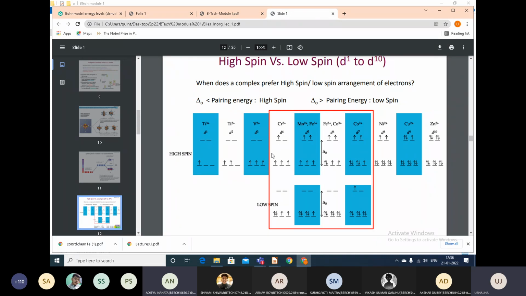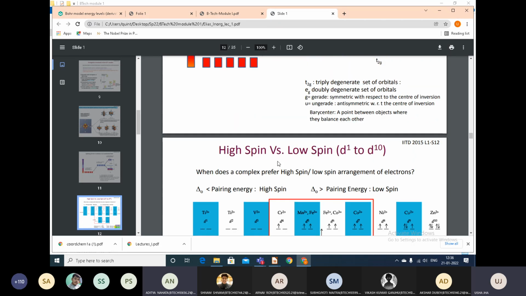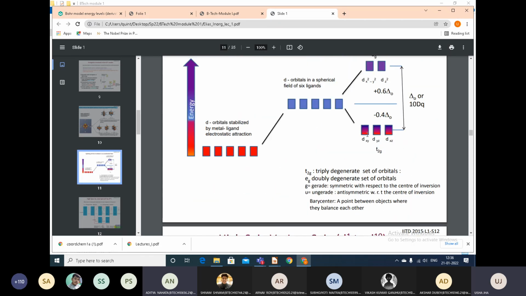One factor is the difference in energy between these 2 levels, the eg and t2g levels. The 4th electron's option is either it pairs up or it moves up to the eg level. So the decision has to be made.